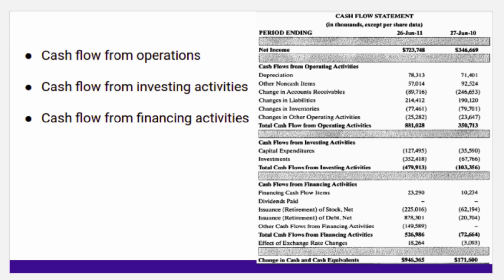That includes repurchase of the company's own shares, which cost $225,016, and then issued debt of $878,301. So that is the cash flow statement.